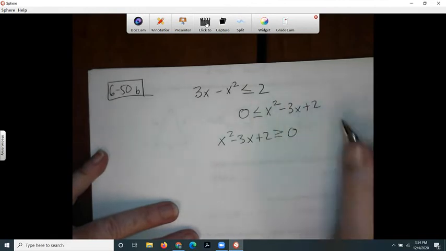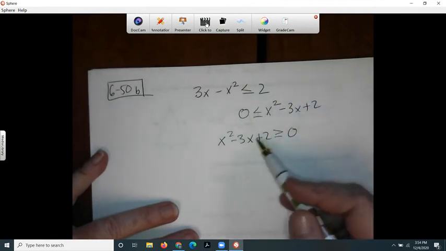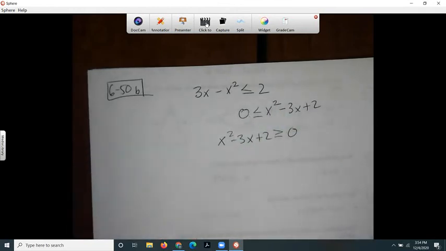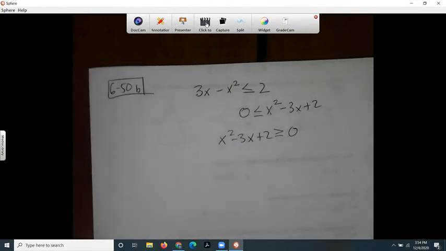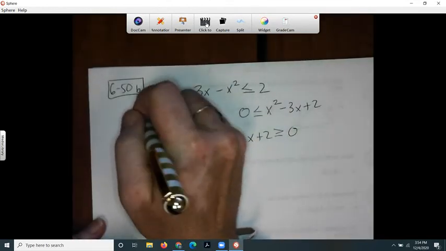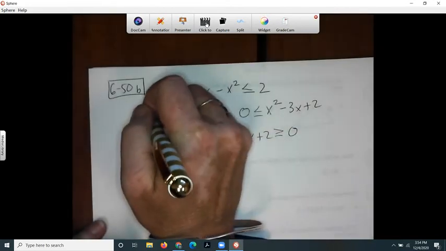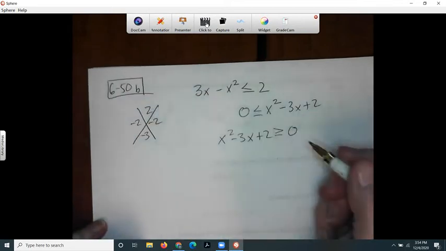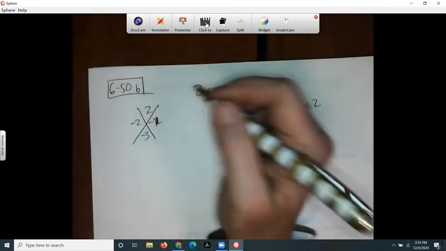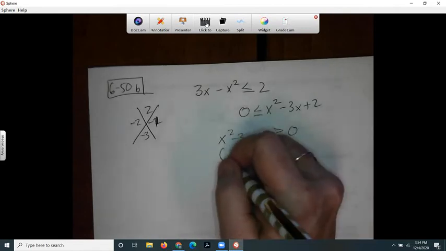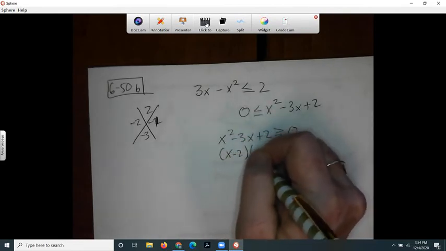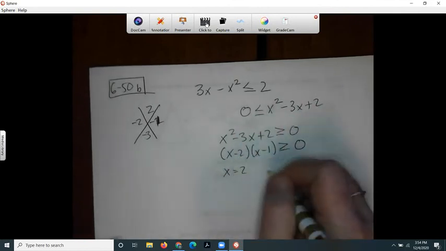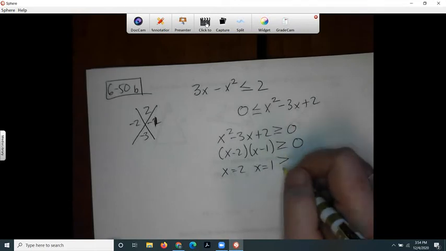See, I made the alligator turn his mouth around so he's facing the right way. That makes it easier to look at, because now it looks like the last problem we just did. Then I want something that multiplies to make 2 and adds to make -3. -2 times -1 works.